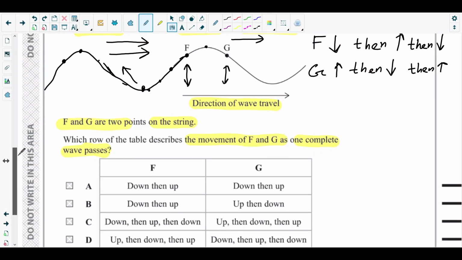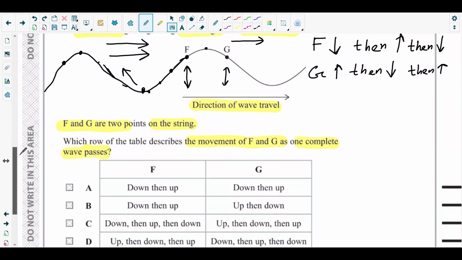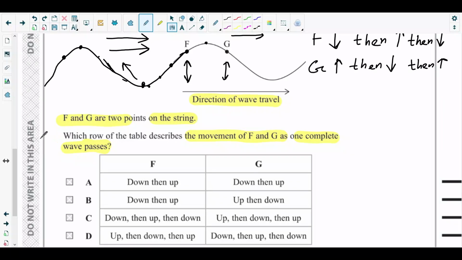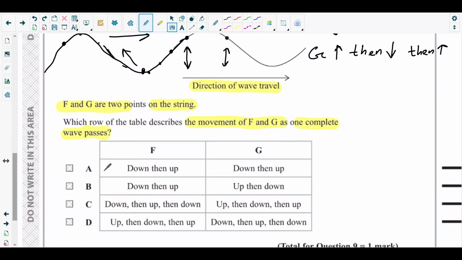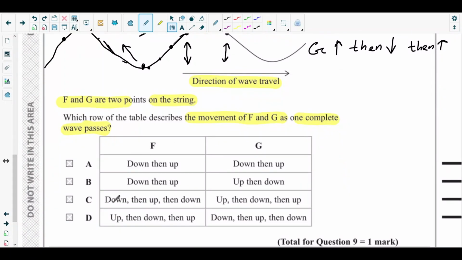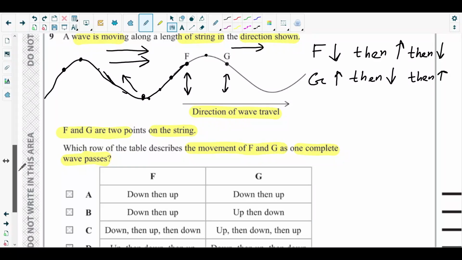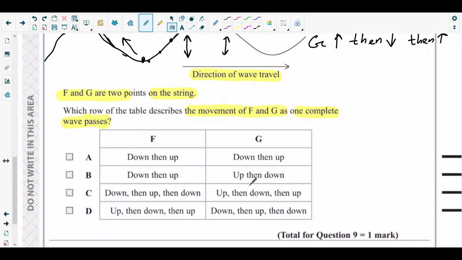So which of these options describes this best? For F, it should be down, then up, then down. Definitely A and B are not correct. So C: F goes down, then up, then down. And G goes up, then down, then up. Yes, exactly.